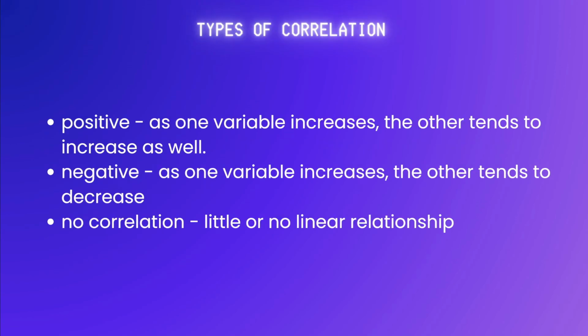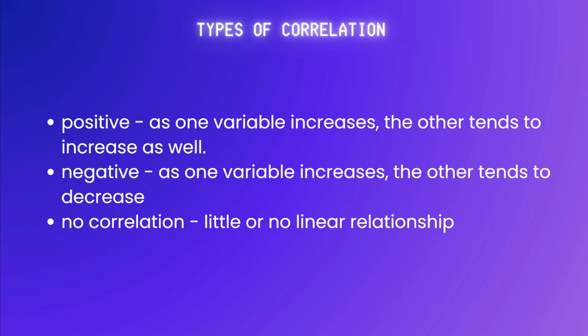So let's see what are the different types of correlation available for us. We have positive correlation, negative correlation and no correlation. When we say the two variables are positively correlated, that means as one variable increases, the other tends to increase as well.